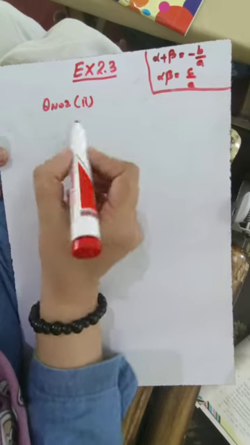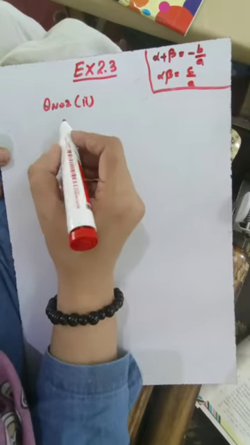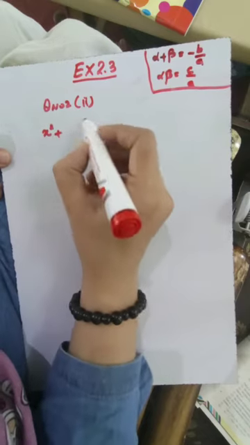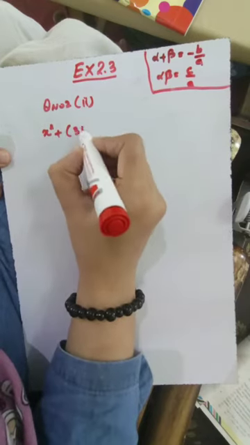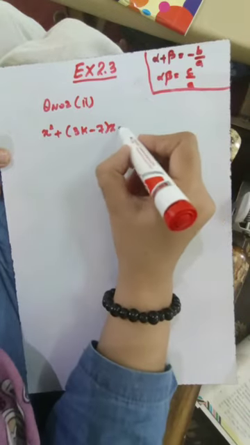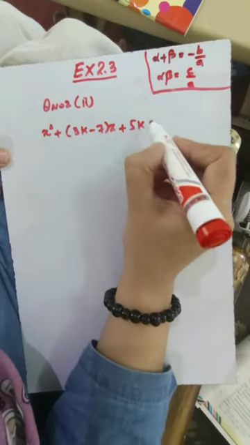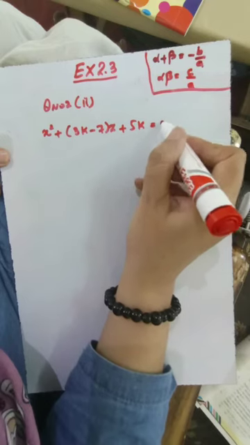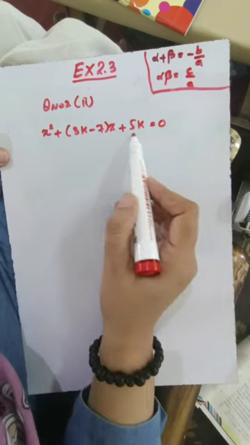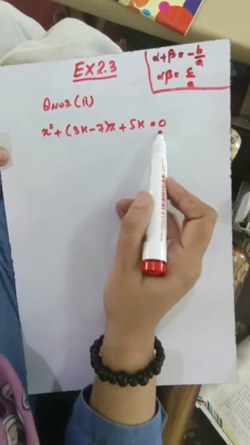Over here, the equation that they have given to us is x square plus (3k minus 7)x plus 5k is equal to 0.